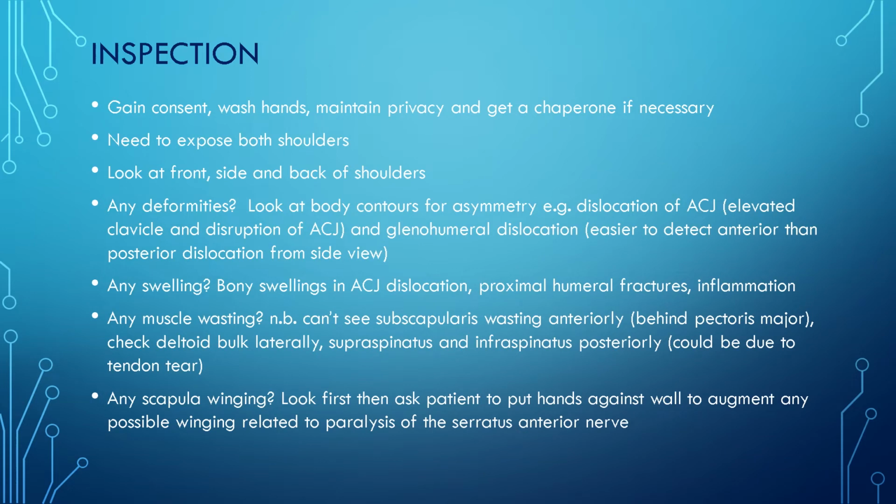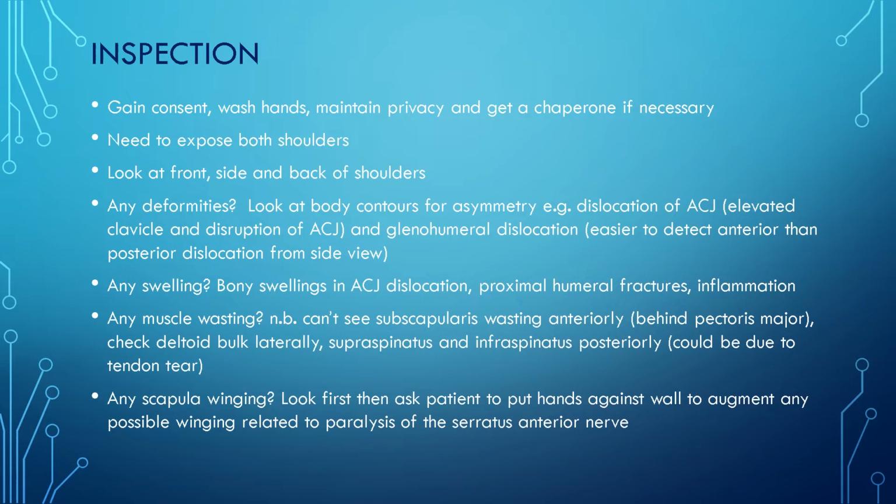There may be a disruption of the clavicle, and therefore a disruption of the AC joint too. You're going to also look at the humerus area to see whether there's any possible swelling there. When you look from the side, you're looking particularly at the glenohumeral joint to see whether there's any dislocation.